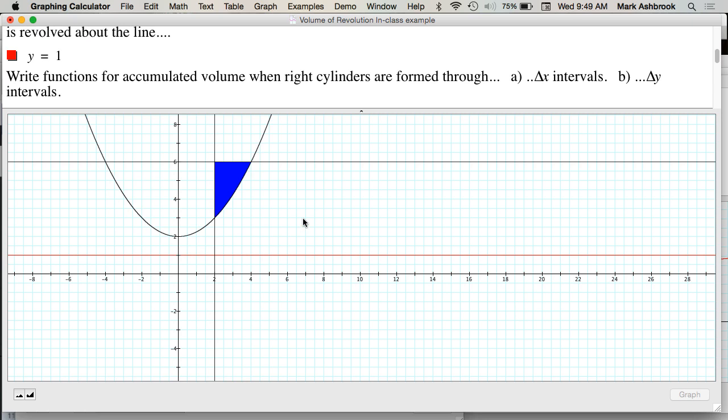And so we did it with delta x intervals and delta y intervals, right? So forming the empty shell, once you form the empty shell, then we have two possibilities to fill up that shell and track the volume. So we did delta x intervals first. And so what do the cylinders look like when we do delta x intervals?